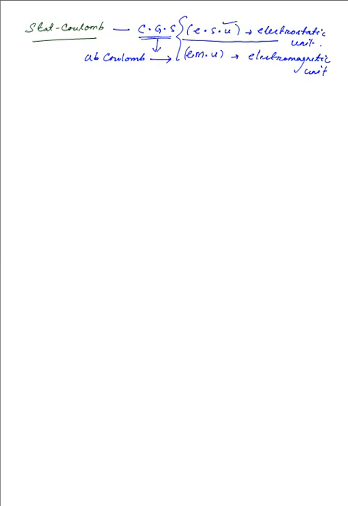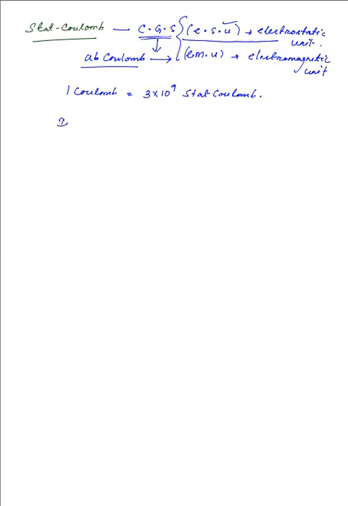And the relation of stat coulomb with the MKS or SI unit, that is coulomb, can be given as follows. That is, 1 coulomb of charge is equal to 3 times 10 raised to the power 9 stat coulomb. We can use this to obtain the value of the electrostatic force constant, that is K, and that comes out to be equal to 1 in case of the CGS system.